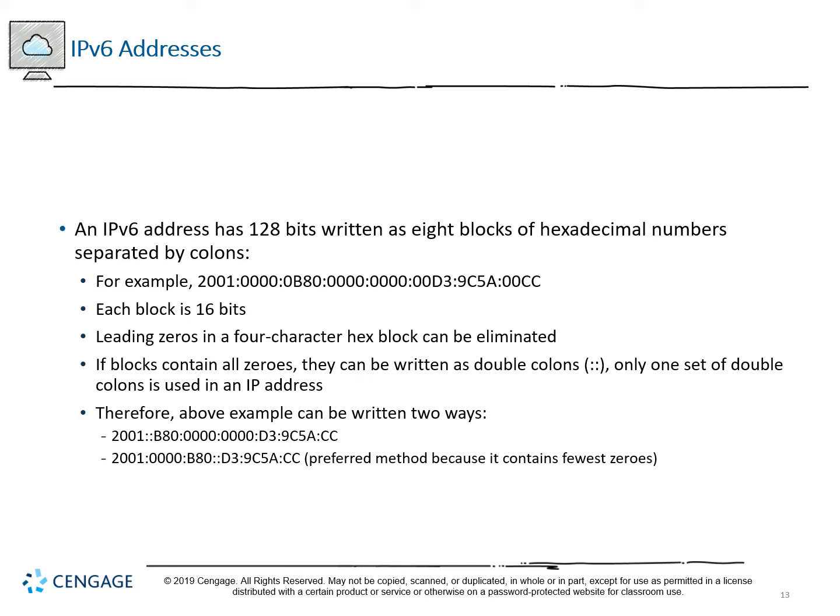So for example, we have here an example of an IPv6 address that has not been compressed. We have a full write-up, if you will. Now, it's not written in binary, because that would be obviously 4 times the length, and it would make it very difficult to read on the page. But what we see here is 2001, 4 zeros, 0B80, 4 zeros, 4 zeros, 00D3, 9C5A, 00CC.